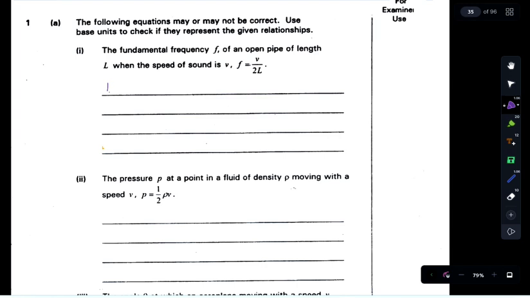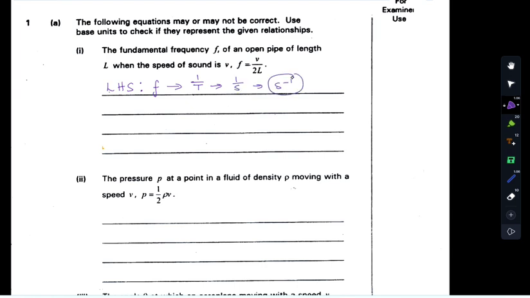Remember, frequency is derived from 1 over t. The unit for t is second, so it's 1 over s, which translates to s to the power negative 1. So this is the unit on the left hand side.